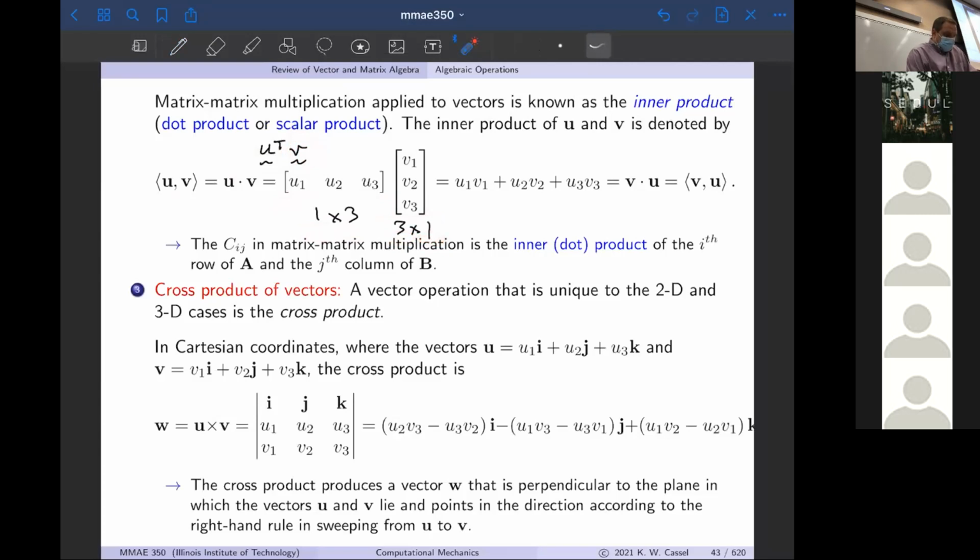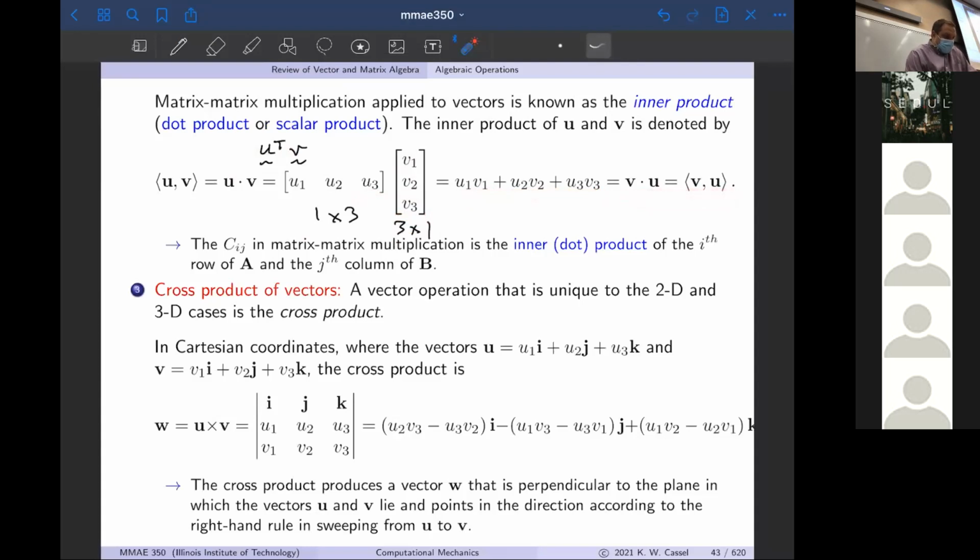And that is just U1 times V1 plus U2 times V2 plus U3 times V3. Add those up, you just get a number, it's a scalar. That is the inner or dot product of two vectors. And in this case, the order does not matter. So U dot V and V dot U are the same. And you can check that easily.